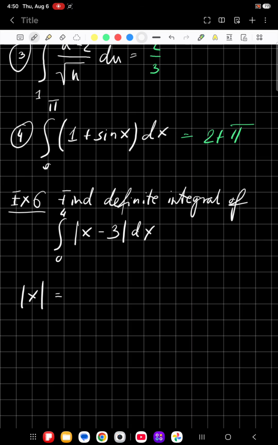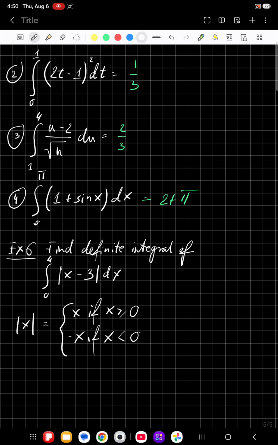Absolute value of x is x if x is greater than or equal to 0, and negative x if x is less than 0. So this is the general definition.